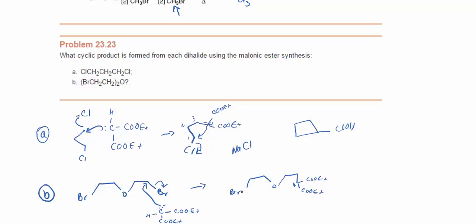Here we go. And then I'm going to swing this around a little bit, to make this easier to see how the intramolecular reaction would occur. There we go. So that's going to come after here. And then we form a new ring.